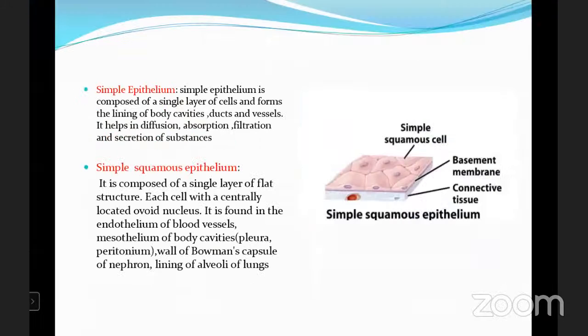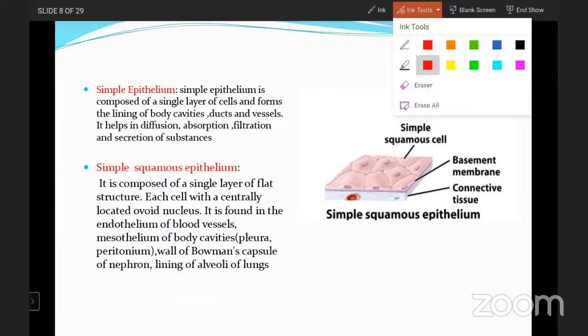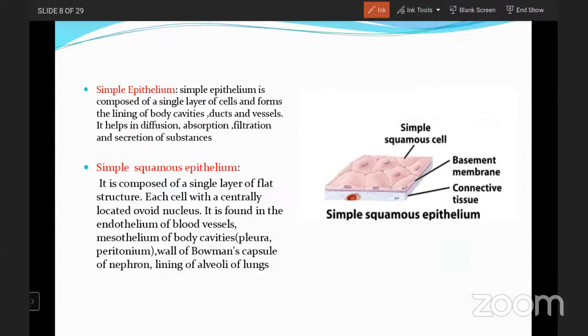Simple epithelium. The term itself indicates that it is very simple, very transparent. Okay. If it has only one layer, that is the simple epithelium. Simple epithelium is composed of a single layer of cells and forms the lining of body cavities, ducts, and vessels.